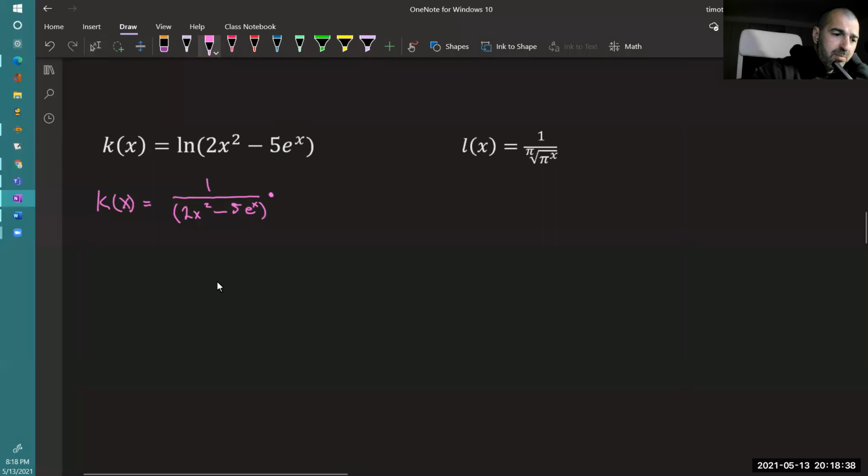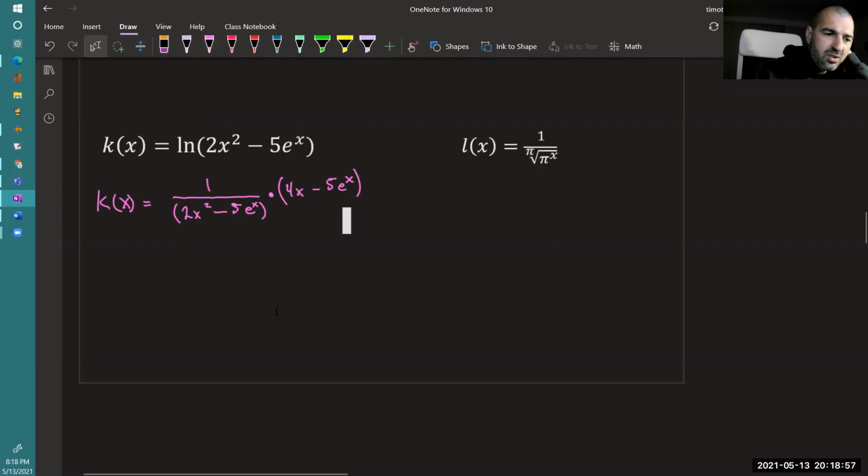So let's see, I'm now taking a 4x minus, oh, look, it's just 5e to the x. Derivative of 5e to the x is 5e to the x. Probably want to put that in a parenthesis like that, so that it's not mistaken as being the 5e to the x hanging out at the end.